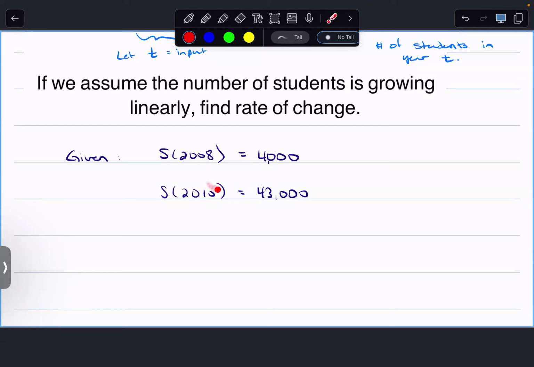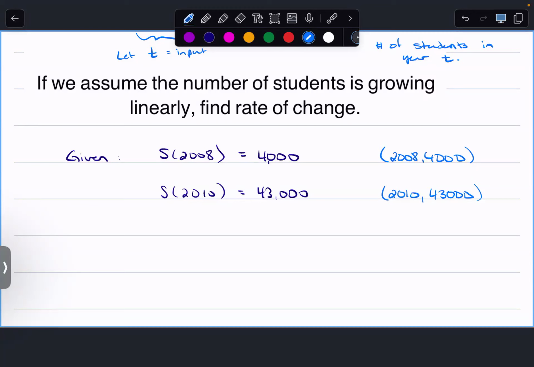As coordinates, we have 2008 and 4,000, which I'm not going to try to map out, but 2010 and 43,000. You can map it back and simplify it as much as you want.